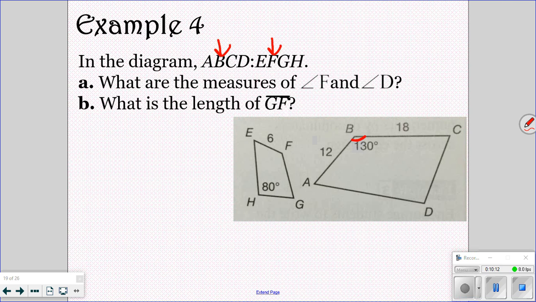So it tells us angle B is 130, so that means that angle F also has to equal 130 because they're corresponding. And then angle D is the last one. Angle H is the last one listed. So they tell us angle H is 80. So that means that angle D also has to equal 80 degrees.